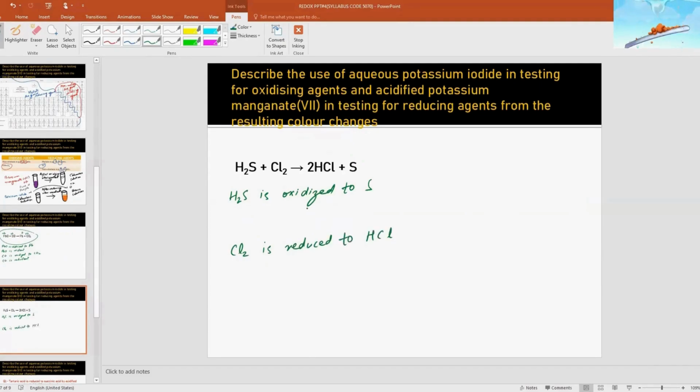We know that H2S is oxidized to S because it has lost hydrogen. Cl2 is reduced to HCl because it has gained hydrogen. So H2S is the reductant as it reduces Cl2 to HCl. Cl2 is the oxidant or oxidizing agent because it oxidizes H2S to S.